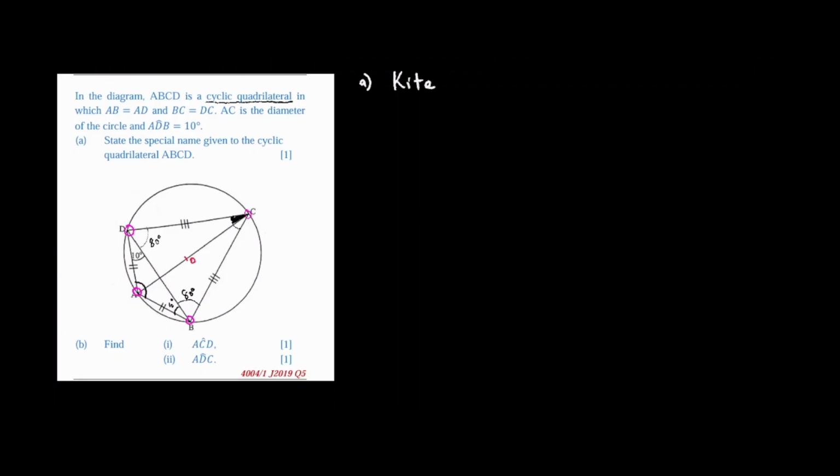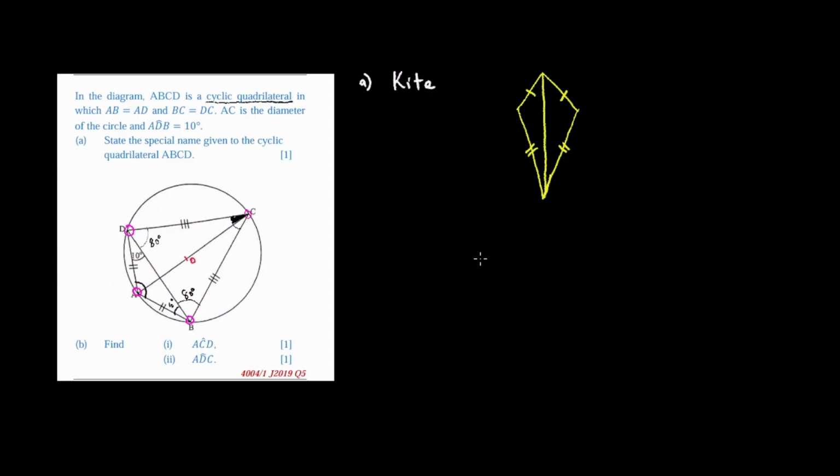To find angle ACD, we should appreciate initially that when we have a kite, there is a property of a kite which you should know. And remember that a kite is a common appearance when dealing with cyclic quads.